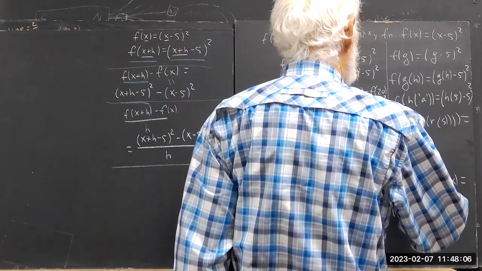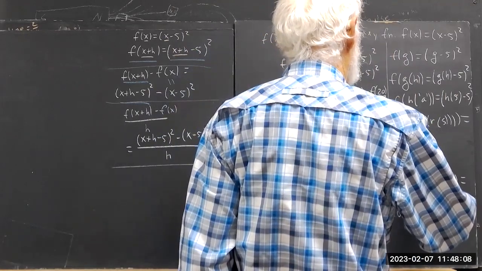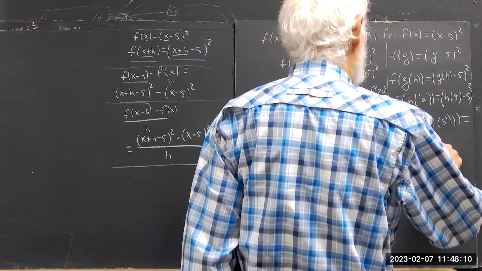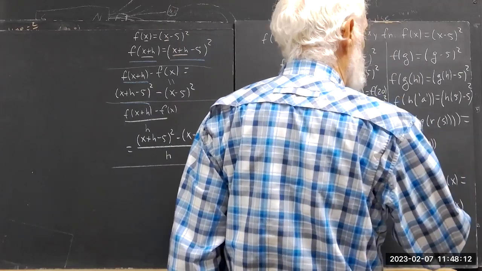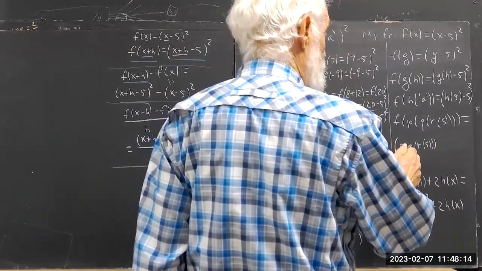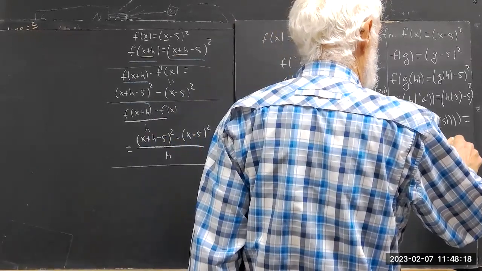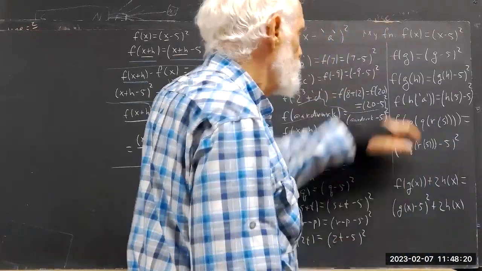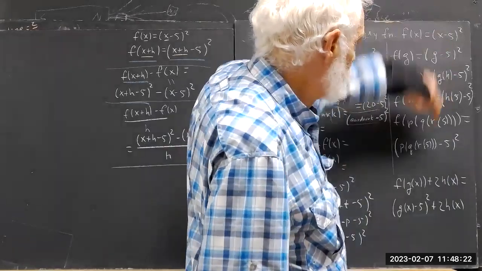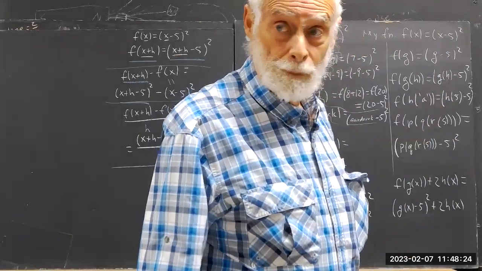So this is whatever this means, that's what we've got. Three parentheses on the left, three on the right. So this whole mess just replaces X, and there we have it.